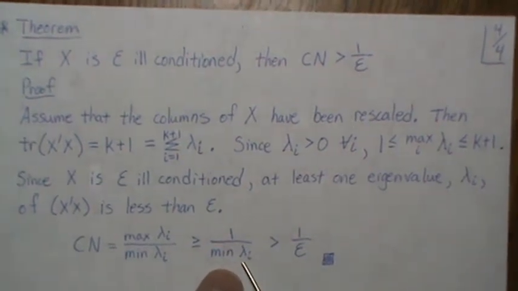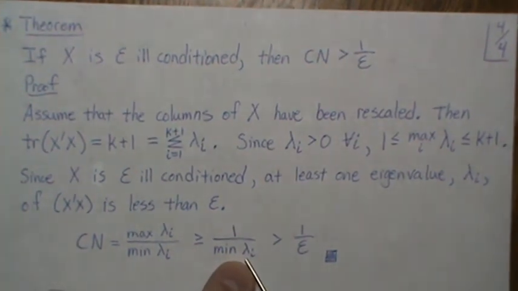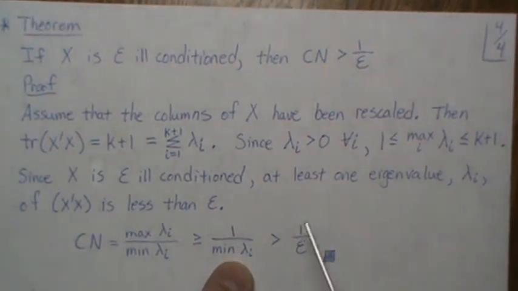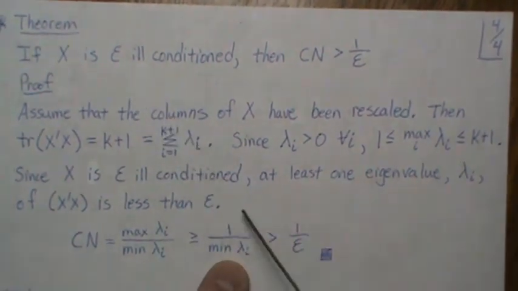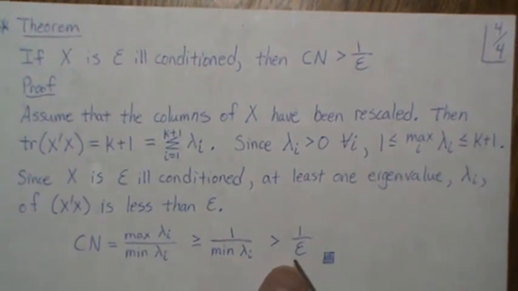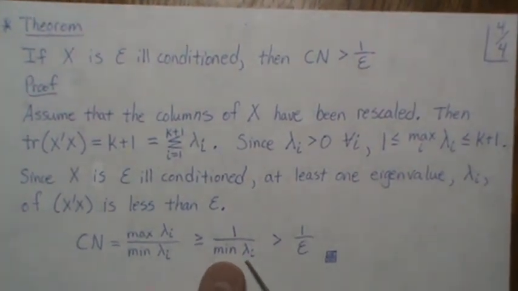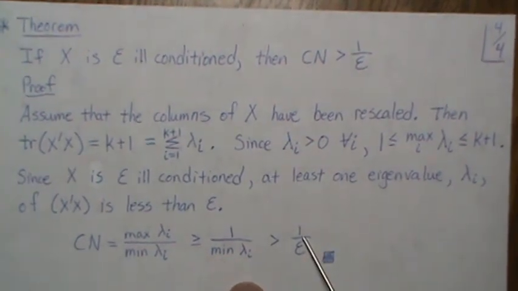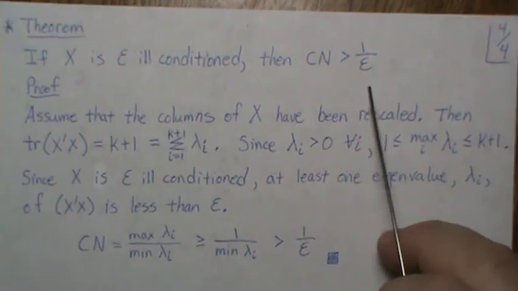Now the minimum eigenvalue is less than epsilon, because X is ill-conditioned. So let's put in epsilon, which makes it a little bit bigger. I mean, epsilon is a little bit bigger than the minimum, so it makes this smaller. So the condition number is greater than 1 over epsilon.